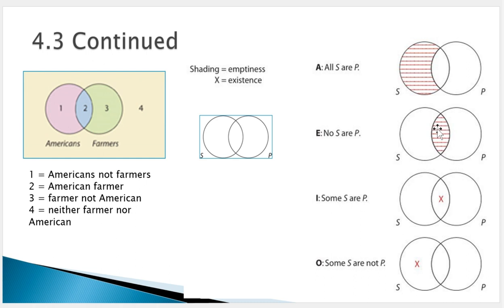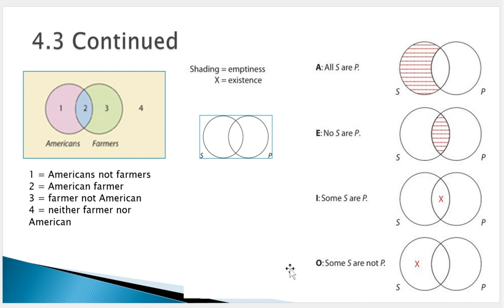So No S are P, this right here. These are the S's that are P's, and this is empty. Some S are P. In that overlap, we're going to put an X there because there is existence. Some of the S are P. Over here, Some S are not P. So some S cannot be part of P. So you can put an X right there.